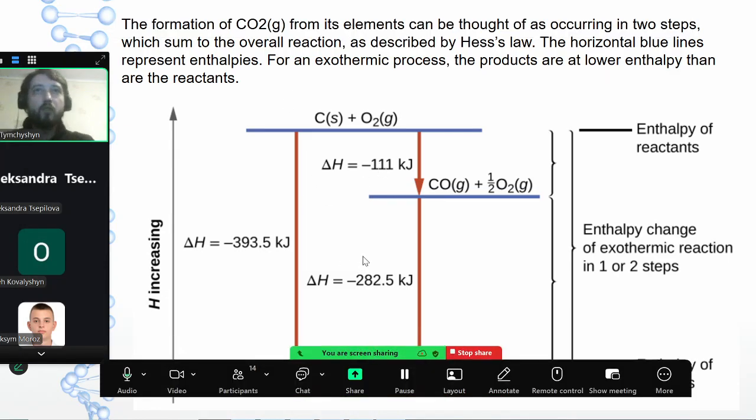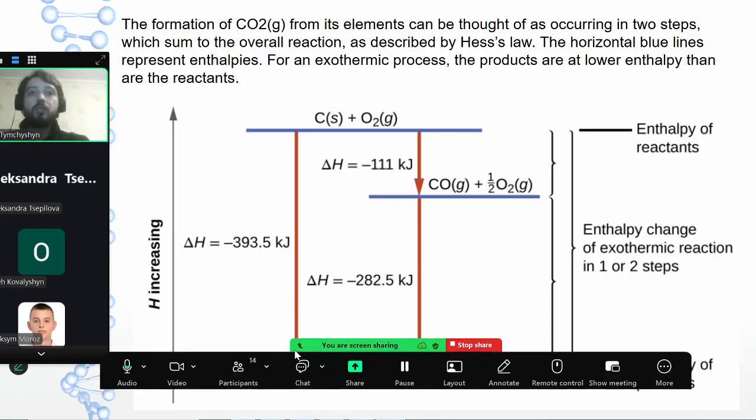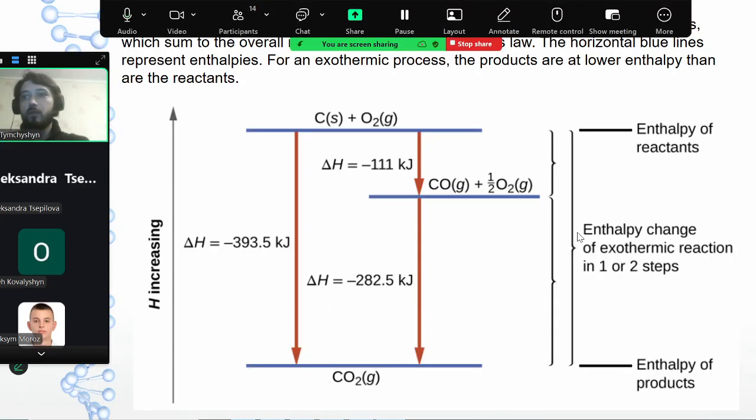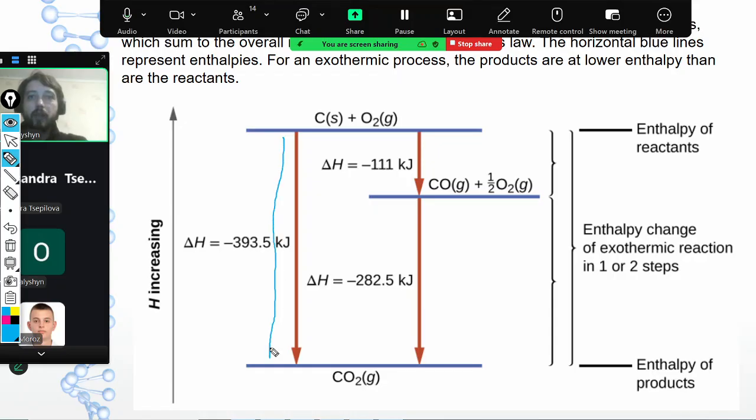Let's take a look at one more example. So here is the formation of CO2 from its elements, and we can think of it from two different sides. You can think of it as a formation of CO2 directly.